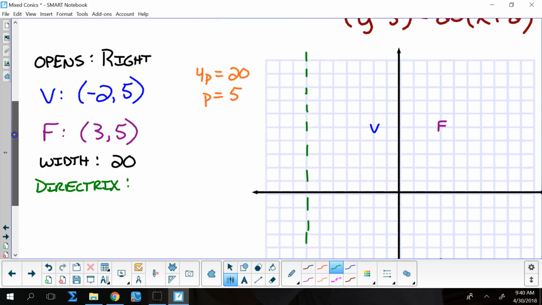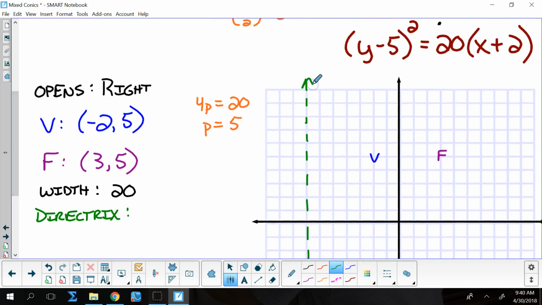Now, what kind of a mathematical figure is that? The green part. It starts with an L. It's a line. What's the equation of my line?